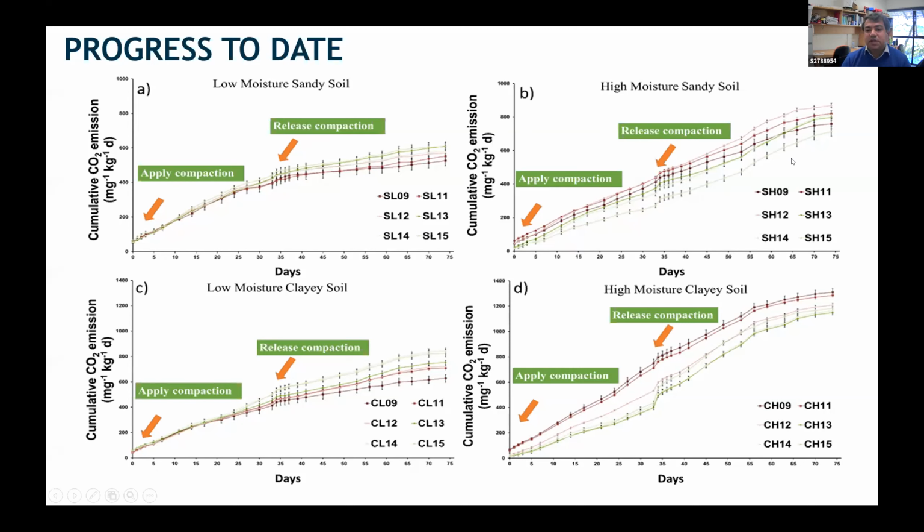So this will give us some idea of how we can relate different analysis systems, which are really cheap. For example, measuring CO2 emission is really cheap. So you see that we can capture the difference between recovery of the soils using a simple test like CO2 emission.